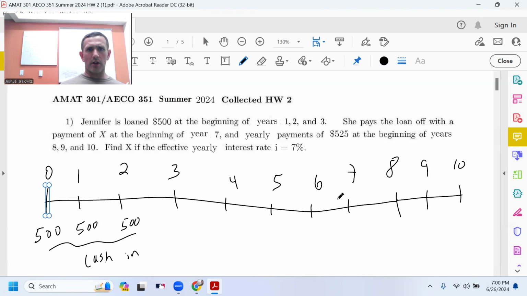And it's X at the beginning of year 7, so that is t equals 6, and then the rest, 7, 8, and 9, of 525. You don't really need 10, but whatever you draw, it really doesn't matter.